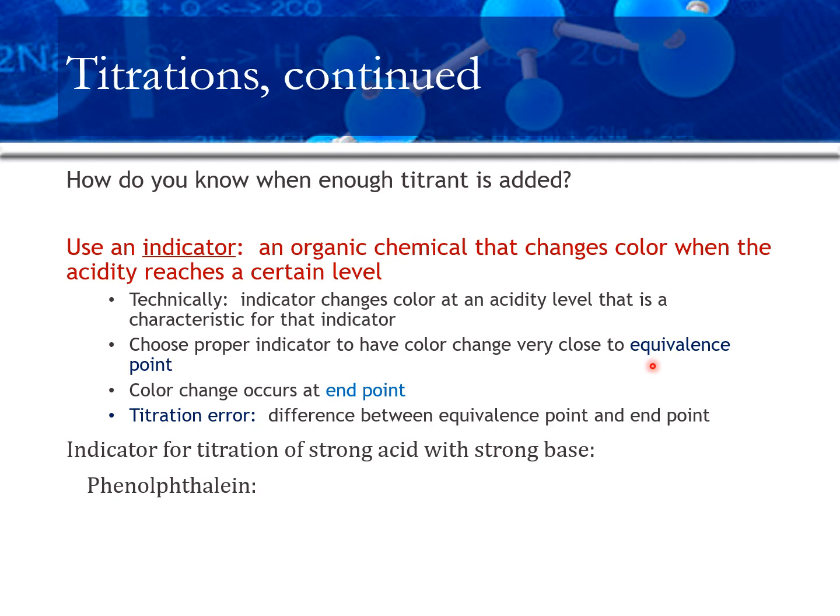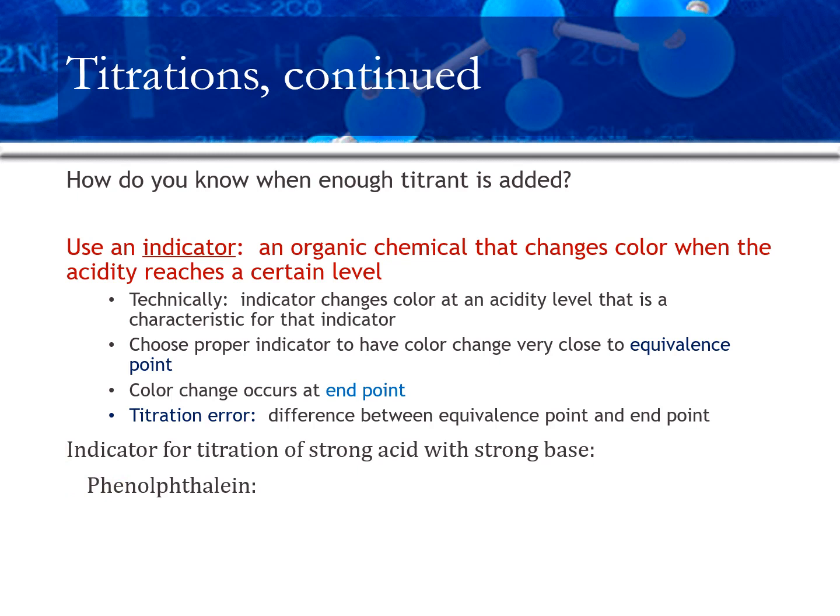The equivalence point is when we've actually added the equivalent number of moles. And we use titration error to indicate the difference between the equivalence point and the endpoint. Most of these are technicalities for the titrations we'll be doing in general chemistry, because we'll be doing strong acids with strong bases. We always use phenolphthalein, which is a great indicator for strong acid and base.